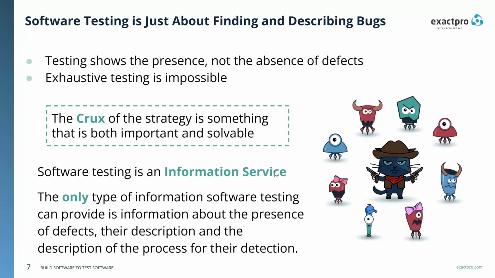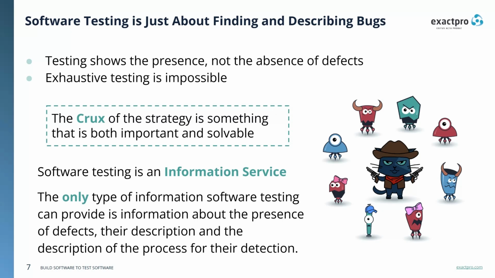Yes. So personally, I think that software testing is about finding and describing bugs. Testing shows the presence, not the absence of defects, and exhaustive testing is not possible. So testing cannot provide confidence. It cannot provide information that something works correctly.